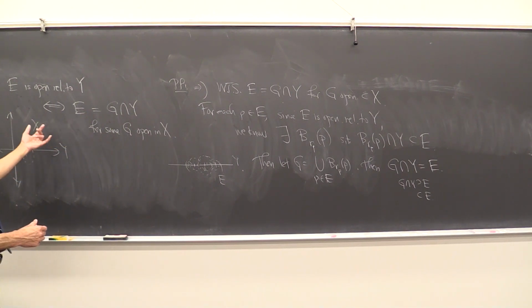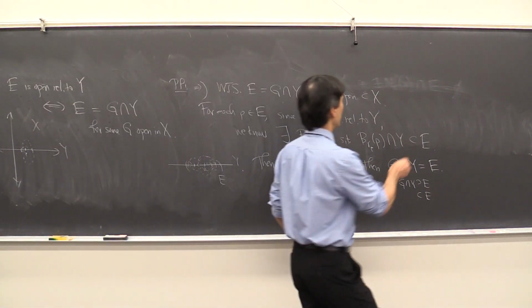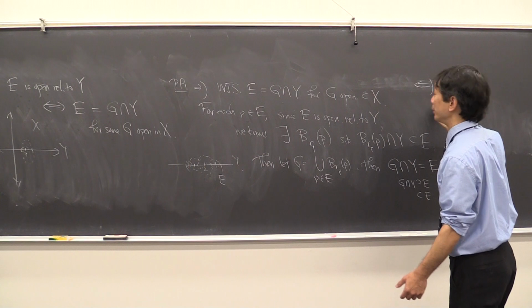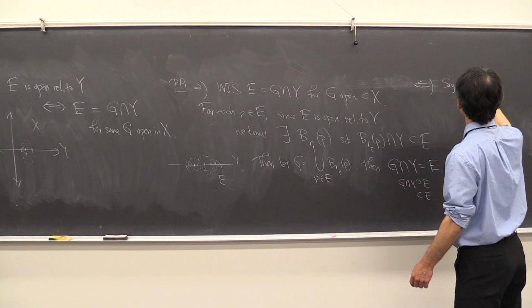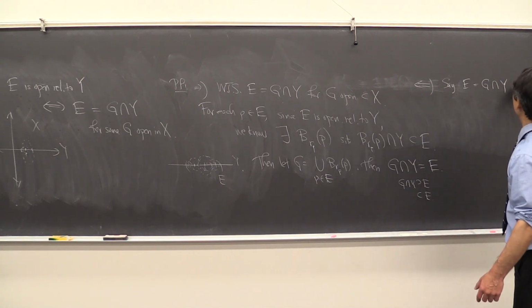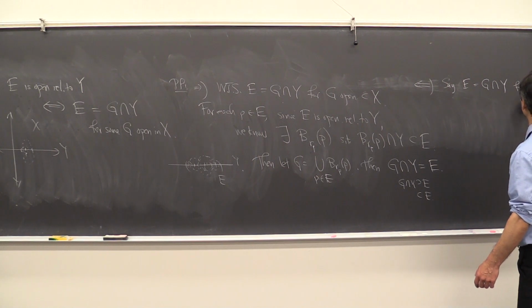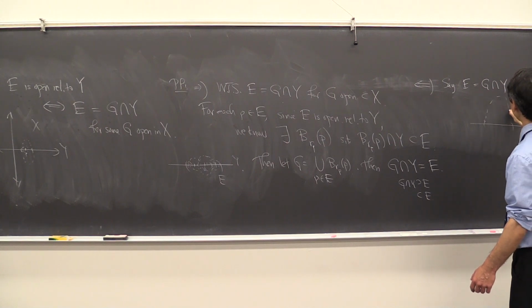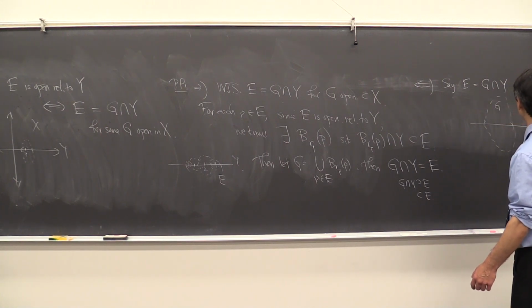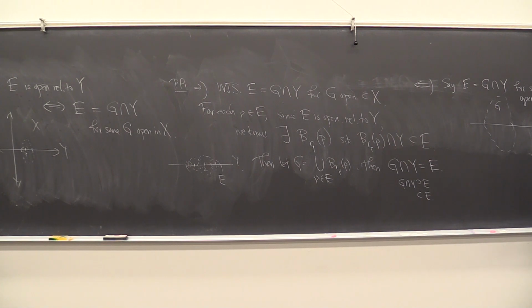And then going in the backward direction, suppose E equals G intersect Y for some open G in X. So here's our E, and it actually turns out to be the intersection of some G with Y. We want to show that E is open relative to Y. Can anybody write down why that's true?